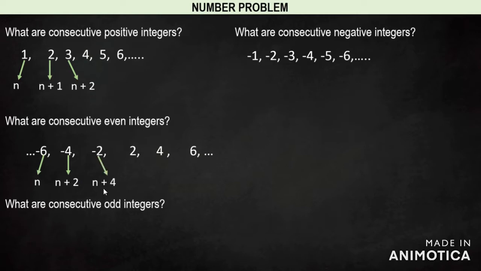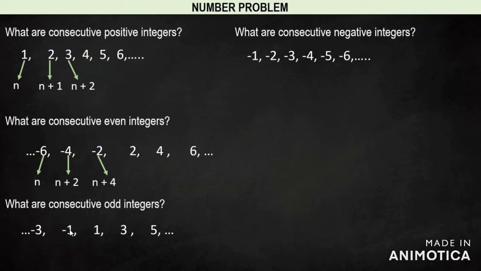How about for the consecutive odd integers? The consecutive odd integers include both the positive and negative odd integers. Say we have negative 3, negative 1, 1, 3, 5, and so on from both left and right. Notice that the difference between one number to another is the same as that with the even integers. The difference is 2.